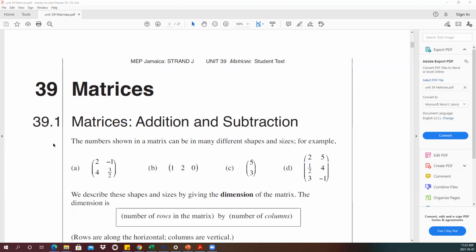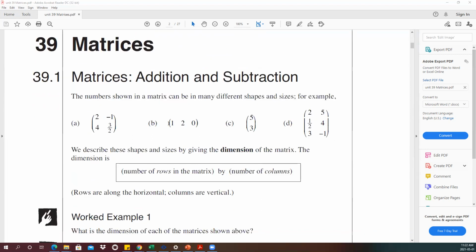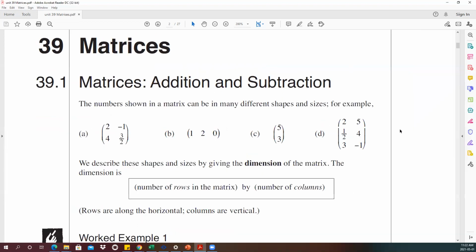All right, so matrices, addition and subtraction. I want to read from the notes and give my input where I see necessary. The numbers shown in a matrix can be in many different shapes and sizes, right? I give examples. So we have a matrix like that, one like that. You get the vibe: you have a rectangle with some numbers, some elements, arranged in different ways.